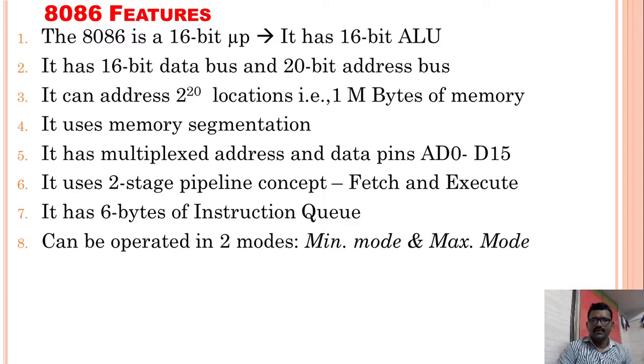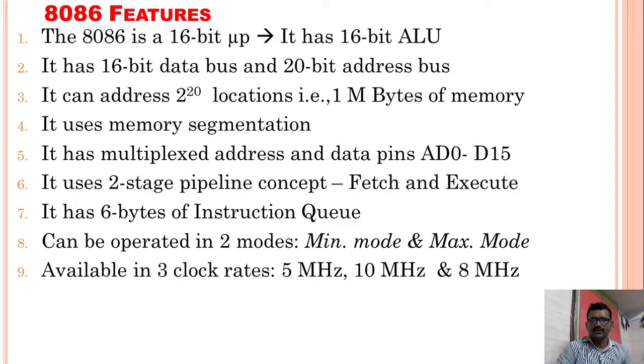The 8086 microprocessor is designed to operate in two modes: minimum mode, also called single processor mode, and maximum mode. Maximum mode means multiprocessor mode. The 8086 microprocessor is available in 3 clock rates, which are 5 MHz, 8 MHz and 10 MHz.